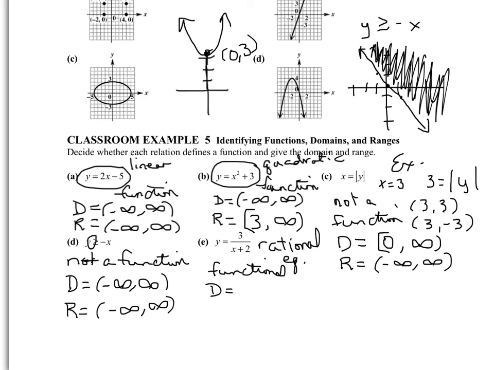It's impossible to divide by 0. So if I look at this denominator, what value of x would cause the denominator to be 0? In other words, set x plus 2 equal to 0, and that's going to tell you where your problem is. It's at -2. So I need to figure out a way to say I can use any x I want except I cannot use -2.